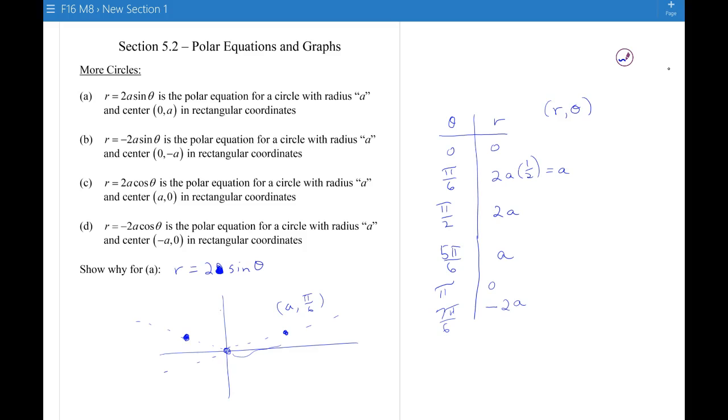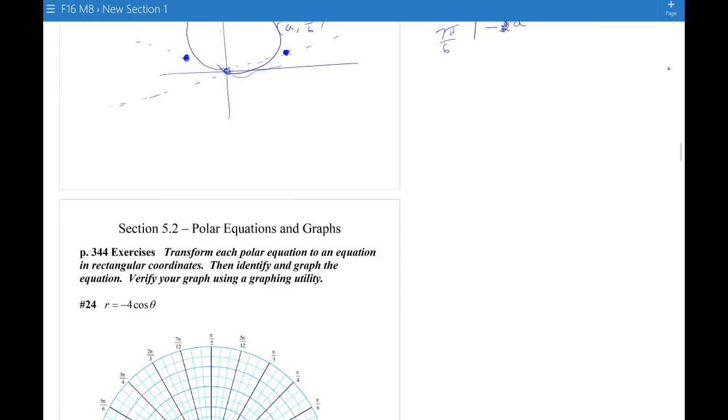So when you're at angle 7 pi over 6, you go backwards through the pole and get to this same point again. So if you plot lots more points, you would see that this makes a circle with the center at (0, a). And we'll talk more later about how you can tell which kind of symmetry the circle has, and that makes it pretty quick to graph them.